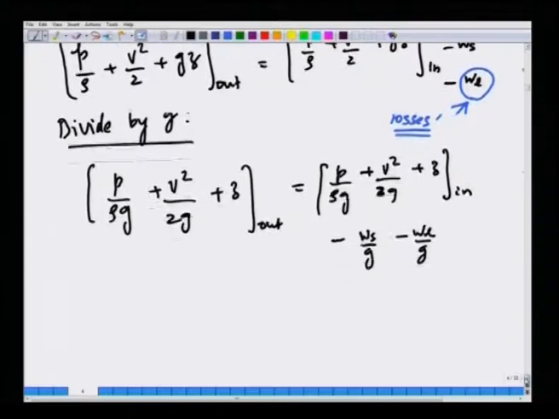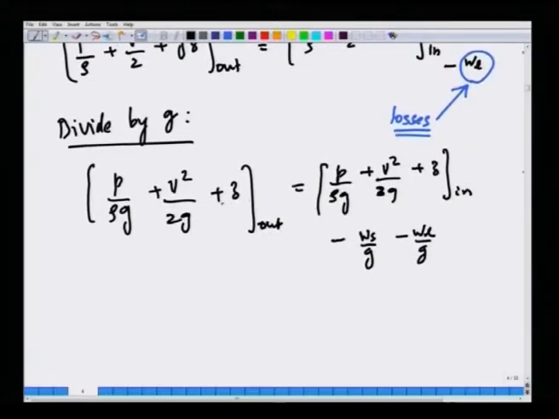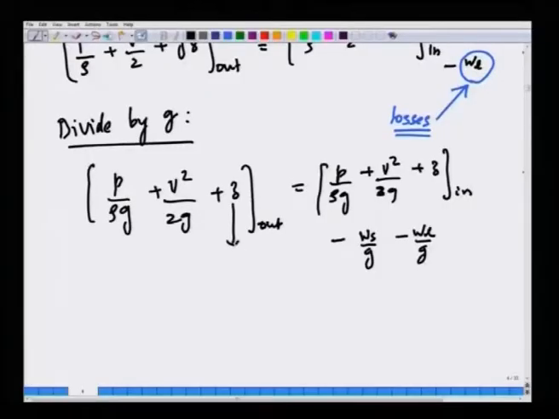Now, if you look at this equation, each term has dimensions of length. So, historically or traditionally, people thought about various energies in terms of heads. So, this is the gravitational head, because it has dimensions of length. This is the kinetic energy head. This is the pressure head.